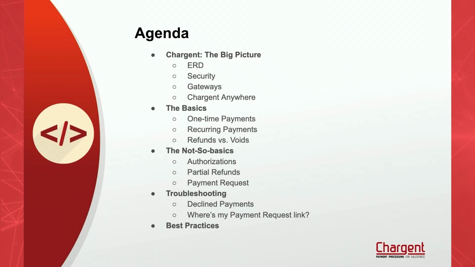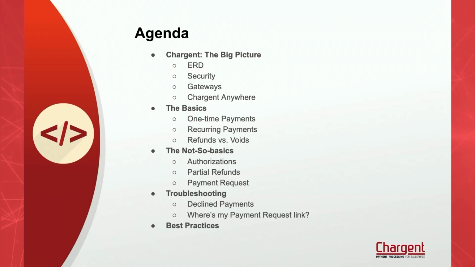Our agenda for today is as follows. We're going to look at the big picture, things to know about Chargent before we delve in. Things like our entity relationship diagram, security, gateways, which you are very intimate with already, and Chargent Anywhere. Chargent Anywhere is like the major interface that you'll be using.